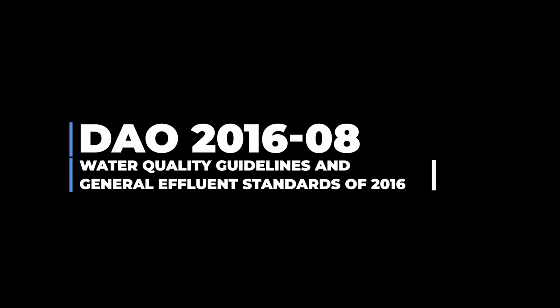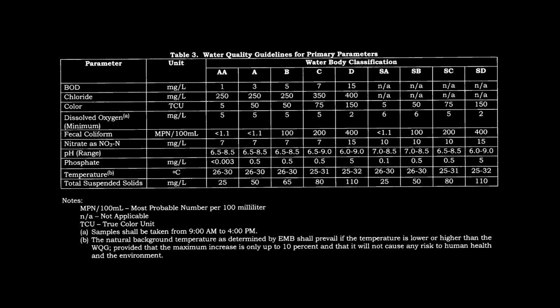Based on the Water Quality Guidelines and General Effluent Standards of 2016, there are 8 basic water quality parameters monitored in our NIPAS MPAs: temperature, color, pH, DO or dissolved oxygen, nitrates, phosphates, TSS or total suspended solids, and fecal coliform.